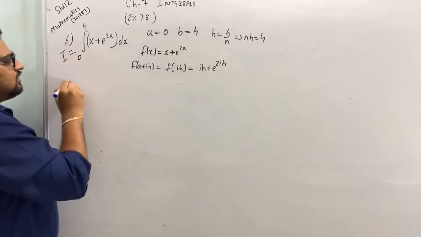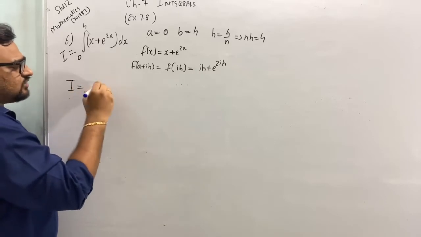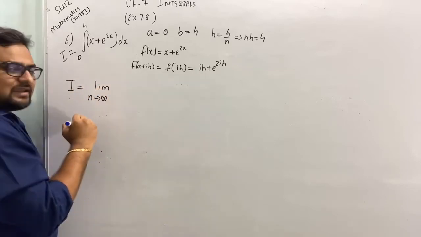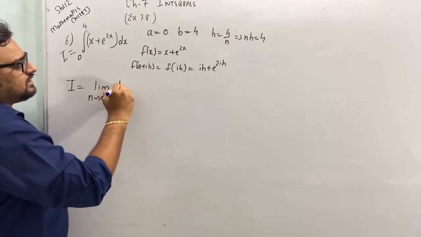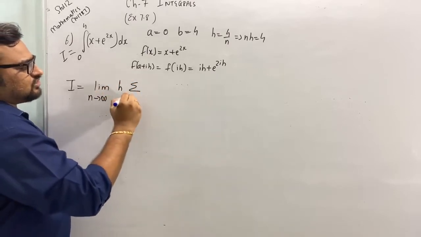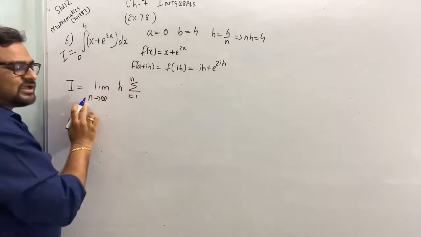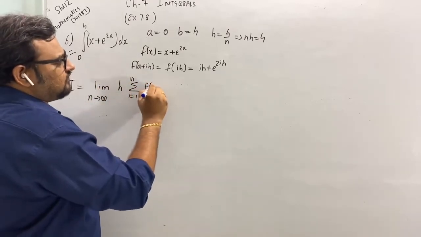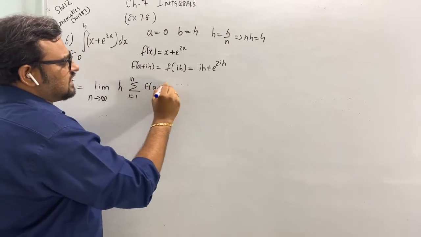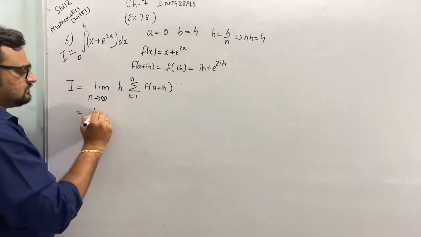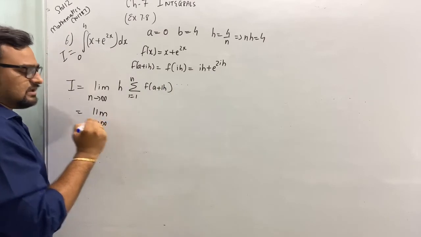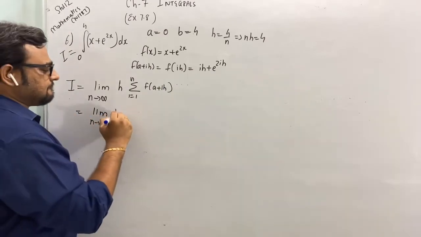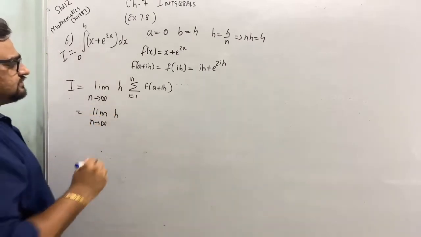Now the integral is equal to limit n tends to infinity of h times the summation of i equal to 1 to n. I can also take h tends to 0. f of a plus ih, limit n tends to infinity, h.